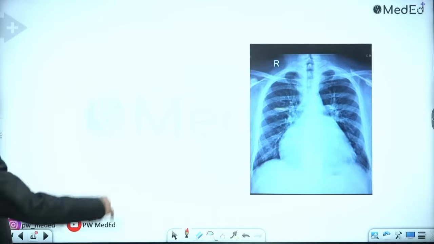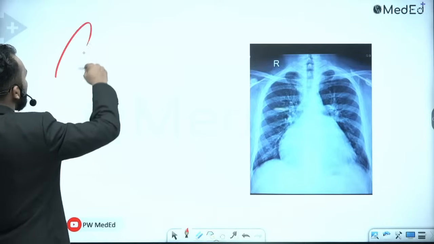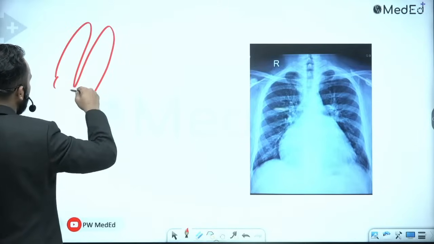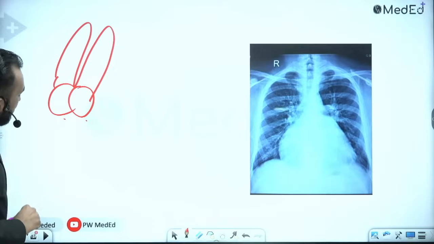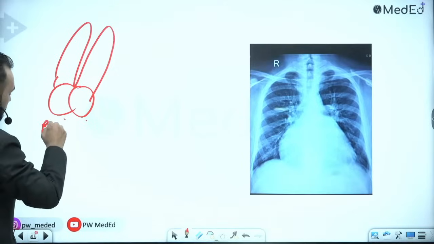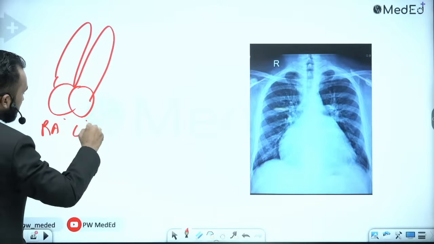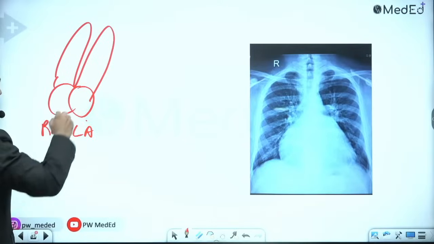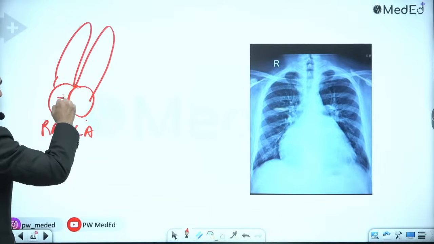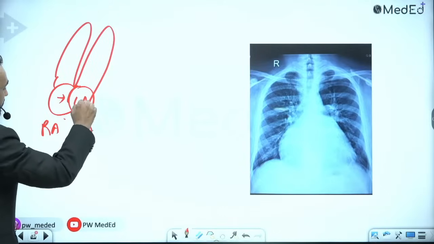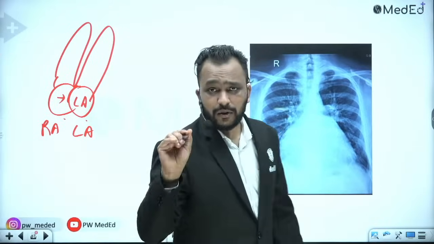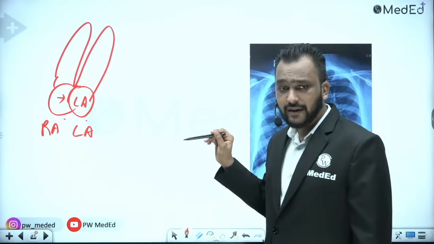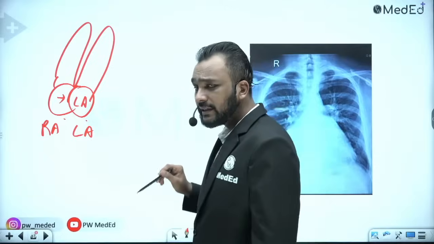So guys, what happens? This is your normal heart. The right atrium and left atrium lie adjacent to each other, and that is why the right border of the left atrium does not have a separate shadow on the chest X-ray.